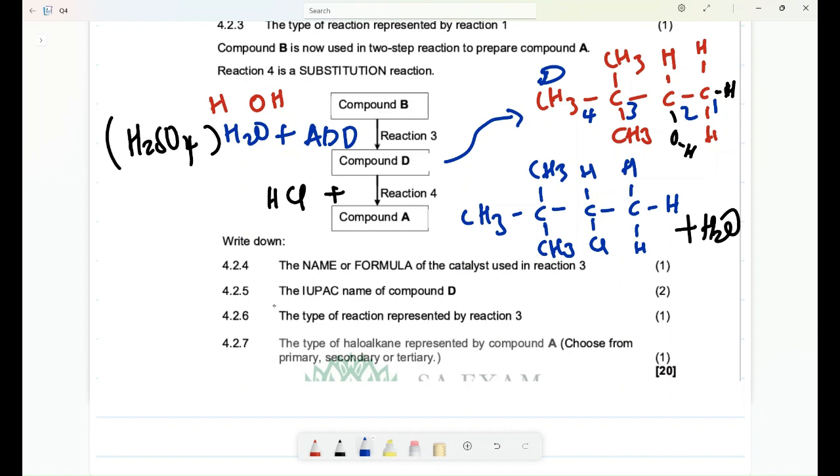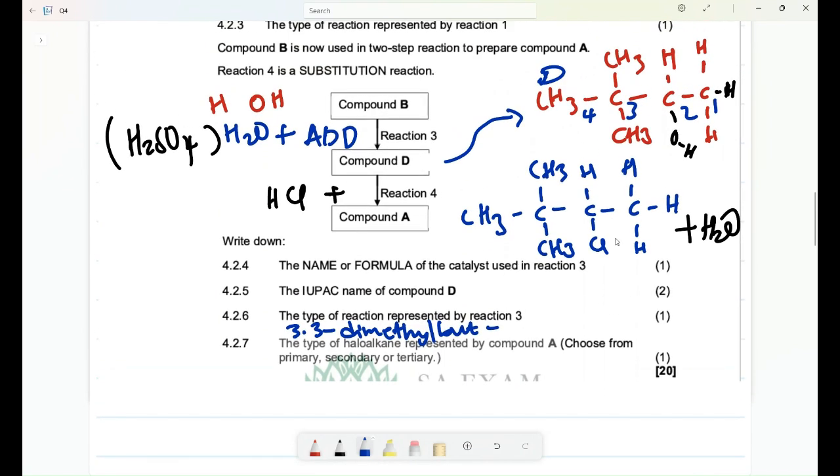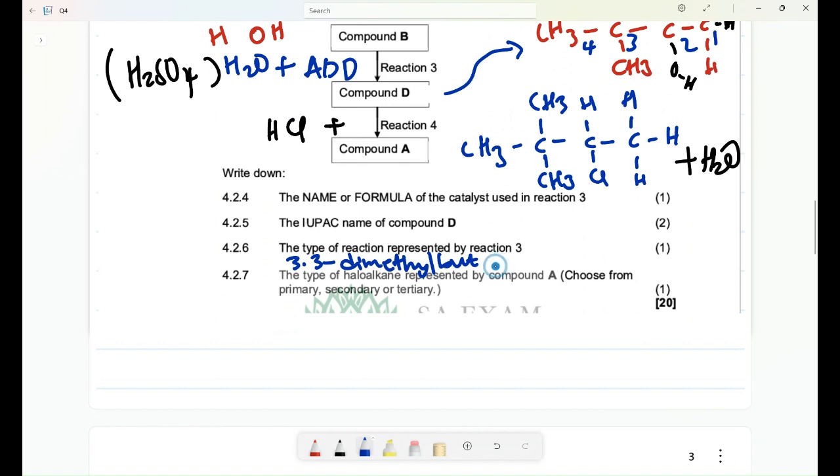I still have 3,3-dimethyl. Longest chain, it is but. Now, functional group, remember we are dealing with alcohol. I said if you are not dealing with anything, alkane, your longest chain should be butane. Something butane.